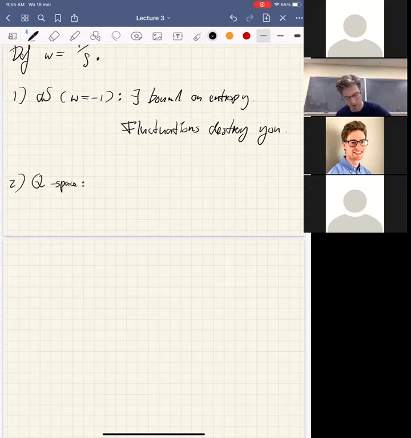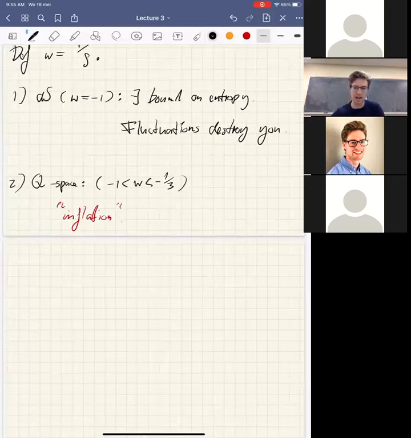Okay, so then we can also think about what is typically referred to as quintessence space, which has an equation of state bigger than -1, but smaller than -1/3. And we can roughly think about this, or maybe exactly think about this as inflation, because this is precisely the equation of state that you need in order to generate an inflationary period. In that case, what happens? This spacetime still has horizons, but because the Hubble parameter is slowly decreasing, these horizons grow.